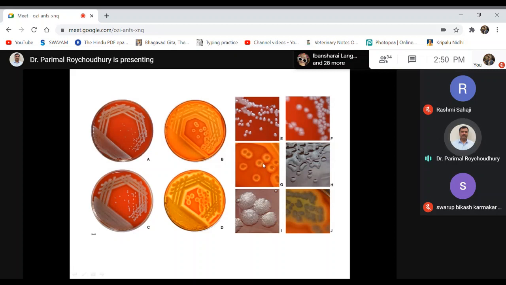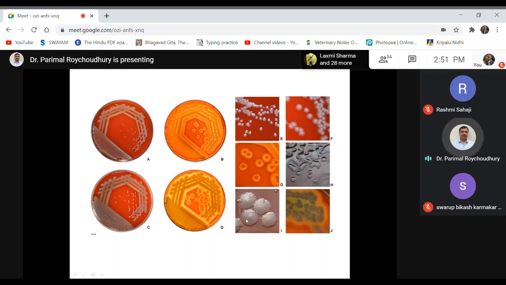They are glistening colonies, and in the blood agar they are showing some sort of hemolytic reaction. Here it is just like water drop, dew drop like colonies they are producing on the surface of the agar. So these are all different types of bacteria, and they have their unique colony characteristics.